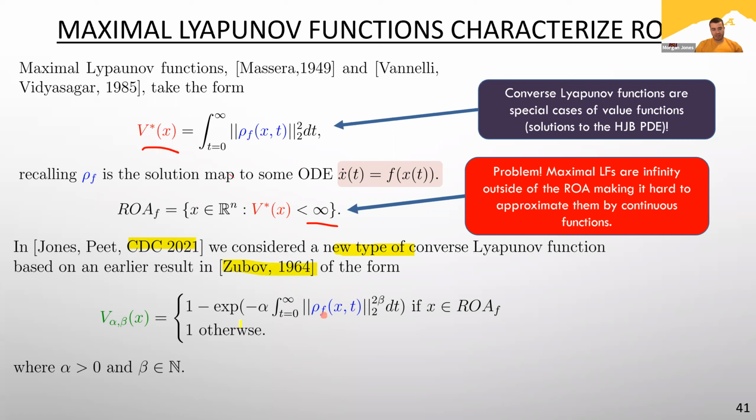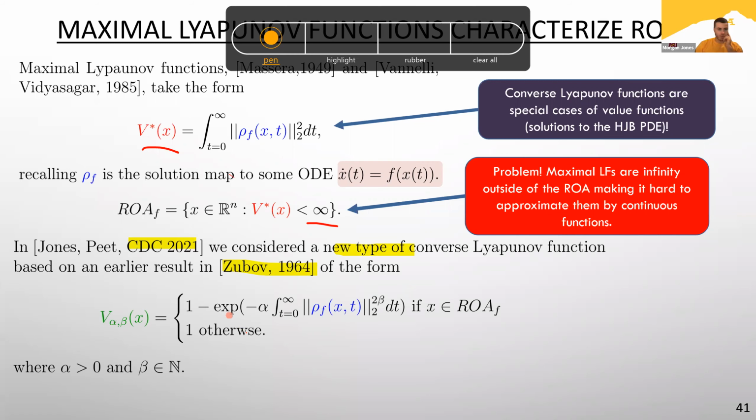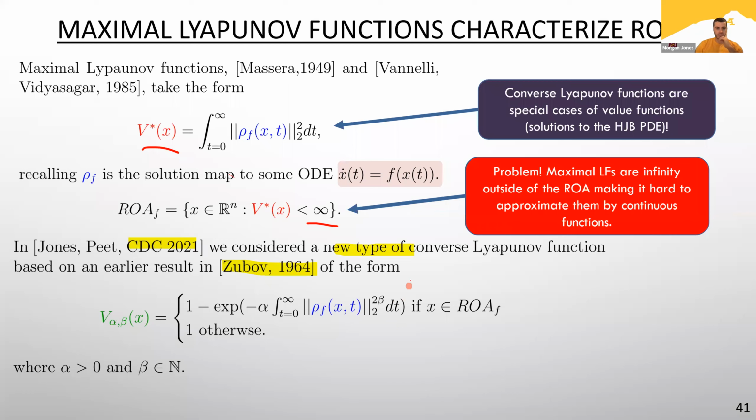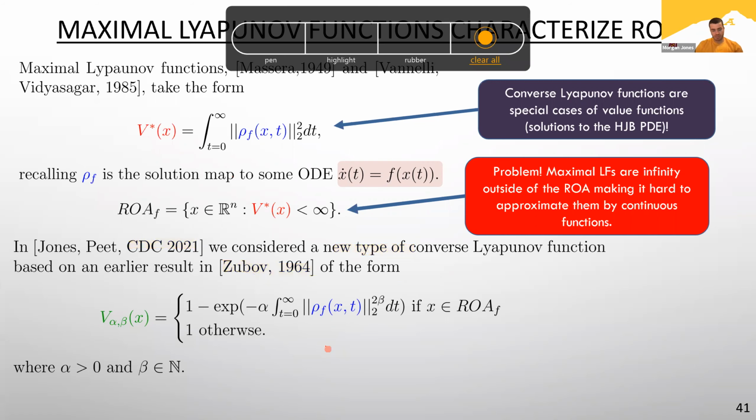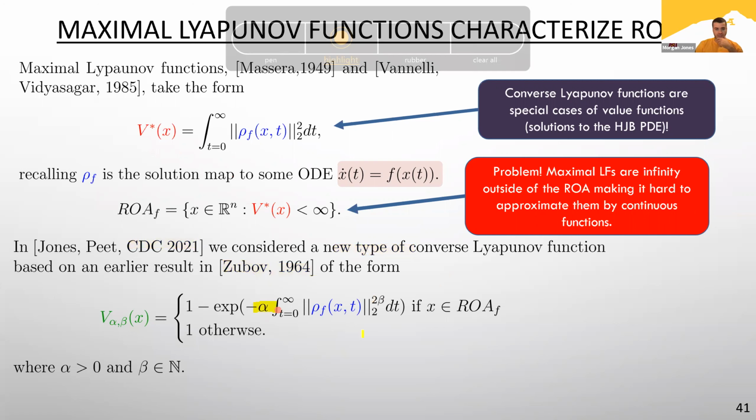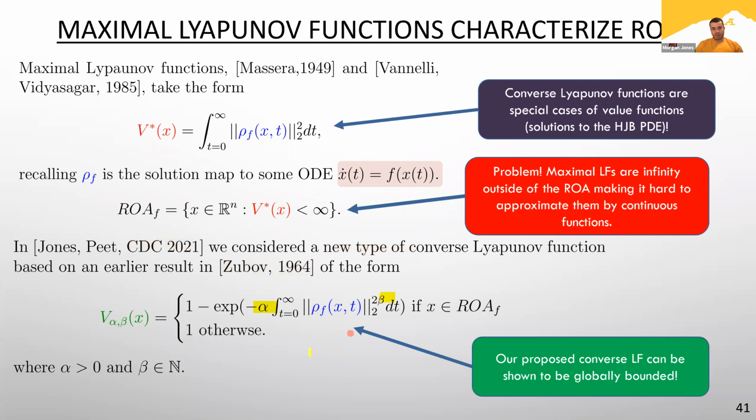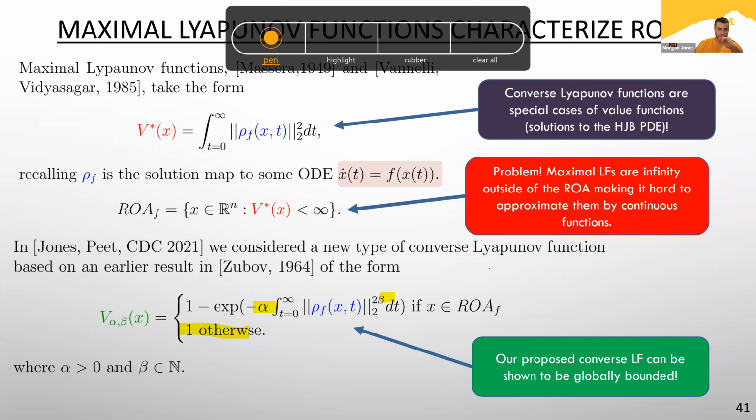It can be thought of as an exponential transformation of the maximal Lyapunov function, because V star is inputted up here. It depends on scalars alpha and beta. And the good thing is outside of the region of attraction it is 1, so it's bounded, so we have a better chance of approximating this by a polynomial.